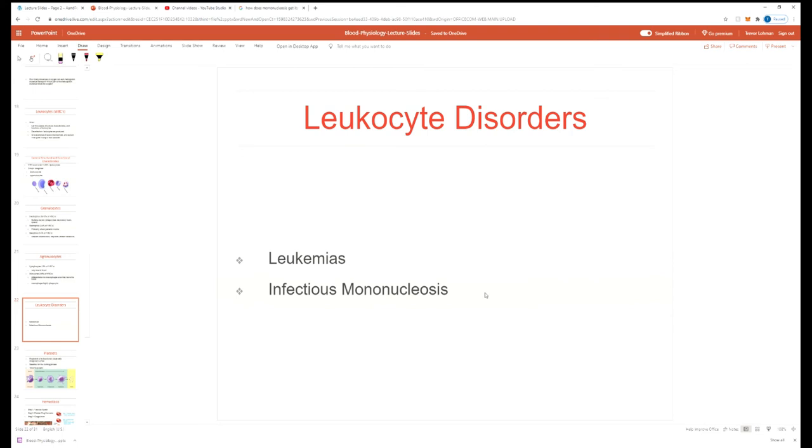It's more or less like any other virus, with fever and aches and other symptoms. It can be very contagious, although it has a mythology about it of being incredibly contagious. It's actually less contagious than the common cold.